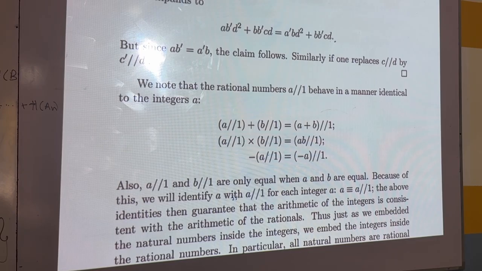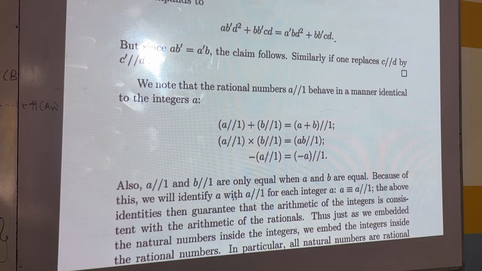Minus a//1 is (minus a)//1. Also a//1 and b//1 are only equal when a and b are equal, because of this, by definition, we are not saying it on our own, it follows from the definition. Because of this, we will identify a with a//1.